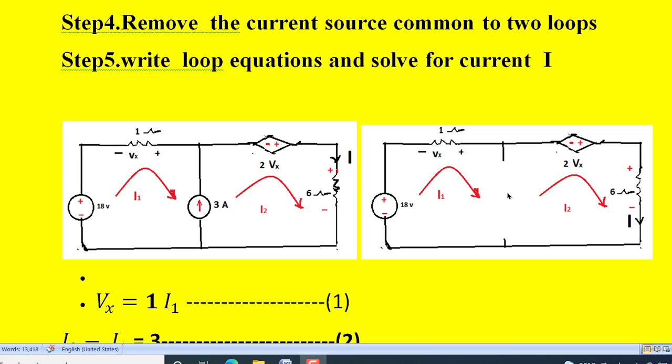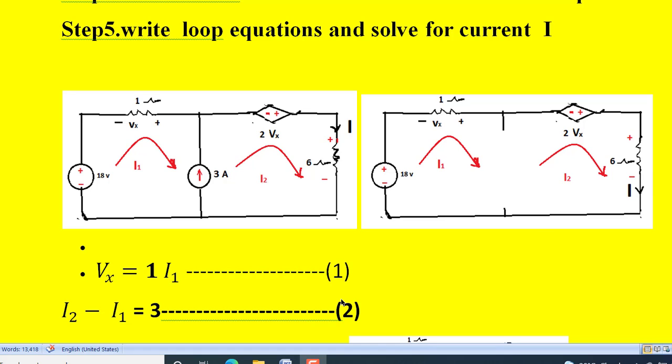Now we first write what Vx is in terms of the loop currents. Look at this, this is the first loop, and the voltage across this 1 ohm we call Vx, because it is given like that, and its magnitude is 1 into the current flowing, I1. So we write Vx = 1 × I1, and we call that equation 1.